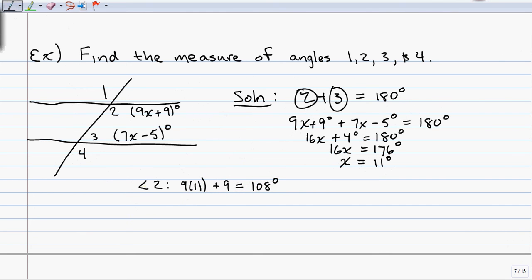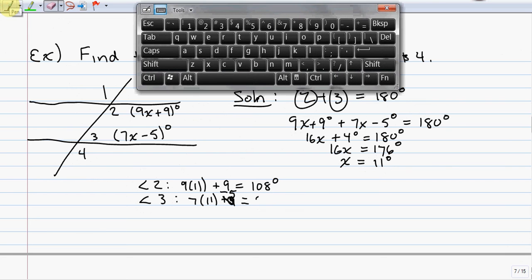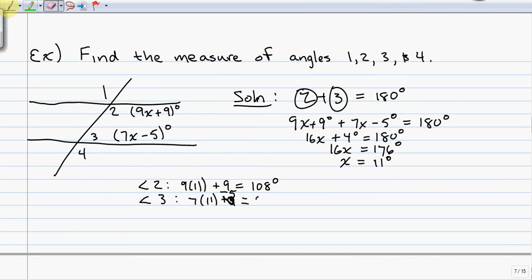And angle 3 is 7 times 11 minus 5, sorry, minus 5, which is 72 degrees. And again, these are supplements. If you add them together, it gets up to 180. So that gives us 2 of our angles.